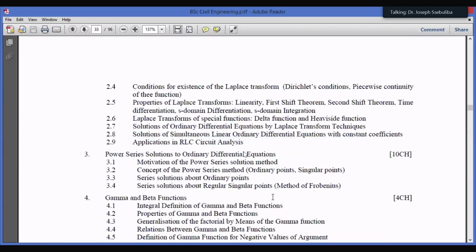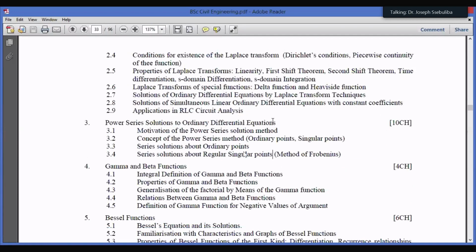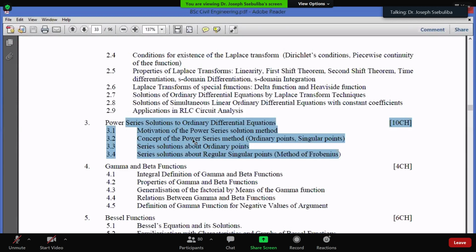The third one, you can see again, we are talking of ordinary differential equations. I'm going to start with this because I don't want you to forget what we did. This one builds on exactly what we did. So you must remember what a differential equation is.